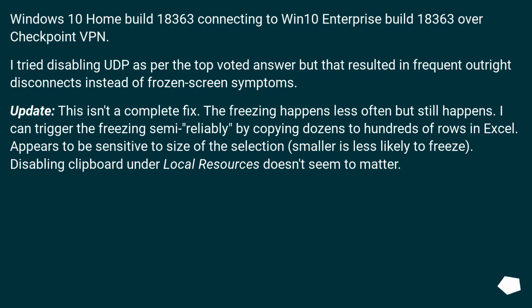I tried disabling UDP as per the top voted answer, but that resulted in frequent outright disconnects instead of frozen screen symptoms. Update: this isn't a complete fix. The freezing happens less often but still happens. I can trigger the freezing semi-reliably by copying dozens to hundreds of rows in Excel. It appears to be sensitive to the size of the selection; smaller is less likely to freeze. Disabling clipboard under Local Resources doesn't seem to matter.